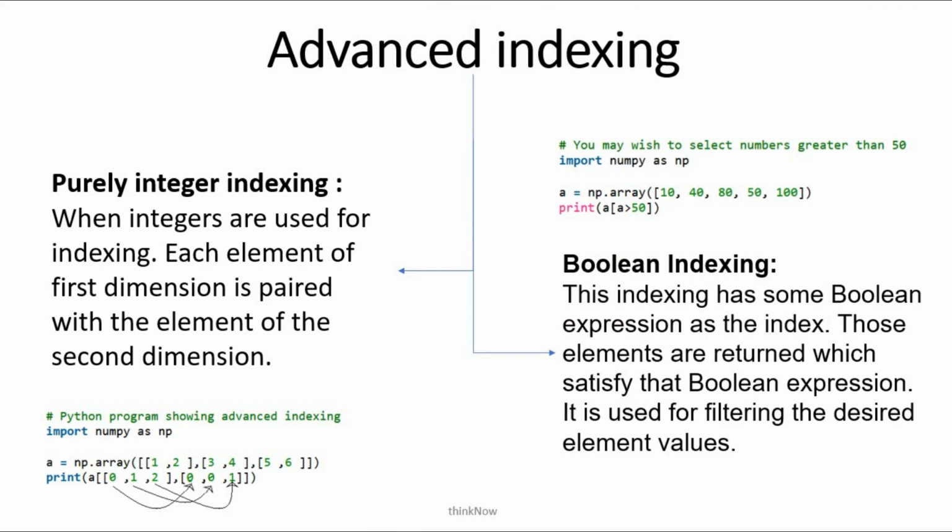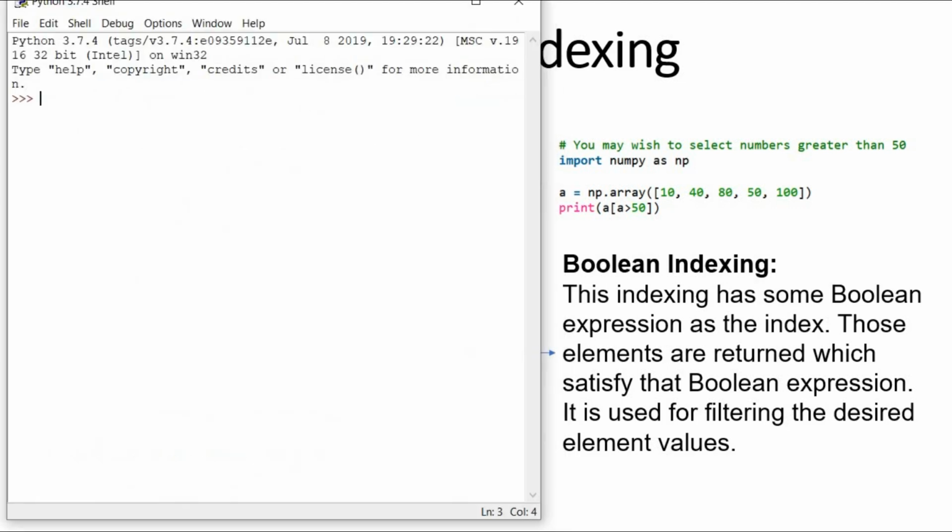Now let us learn about Boolean indexing. Boolean indexing is used when we want to extract elements based on a condition. In this example, we are extracting all the numbers that are greater than 50. Let us try this on the codes.